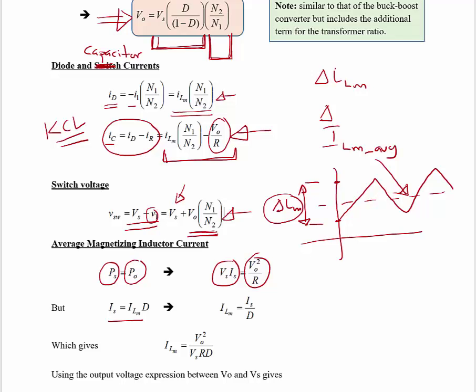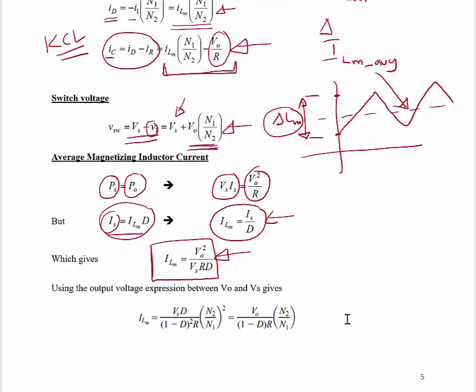And then when the switch is open, there is no current flowing through Is. So Is average is given by that expression, which means when you change the subject, this is what we have. And when you do the substitution, you come out with an average current which is going to be flowing through the magnetizing inductance. So this gives us the expression for the average current which will be flowing through our magnetizing inductance.